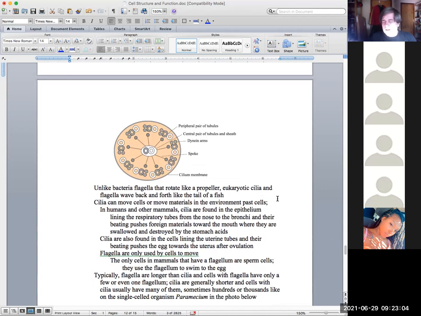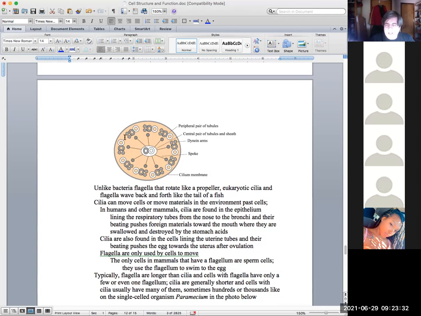And when we look at the flagella and the cilia that we see in eukaryotic cells, they work differently. They don't twirl around like a propeller. They kind of wave back and forth. If you've ever seen a fish tail when the fish swims, they kind of move back and forth like that.